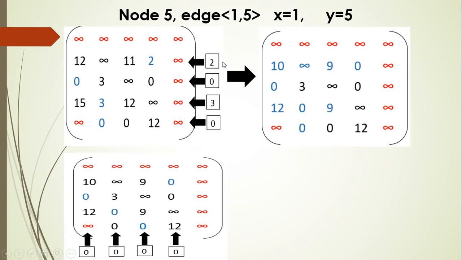In second row it's a 2, 0, it's a 3, it's a 0. So after reducing these values 2 and 3, you will get this matrix. Now reduce the columns on this matrix. It's all zeros. So addition of all these reduced costs here is 5.